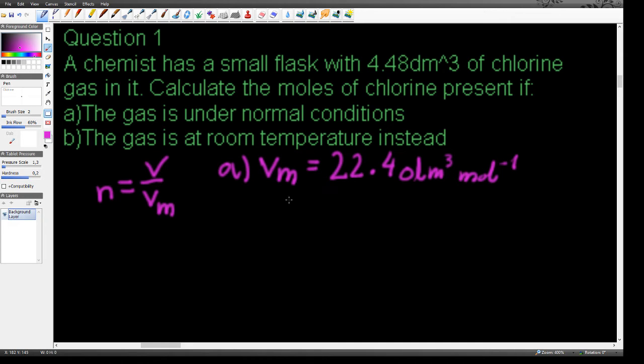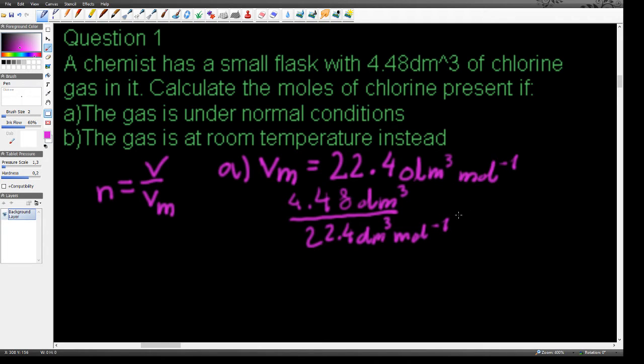So we can put our 4.48 decimeters cubed divided by the 22.4 decimeters cubed per mole. And as you might notice, the units of decimeters cubed will cancel, and you'll just end up with moles. So you're going to end up getting 0.2 mole.